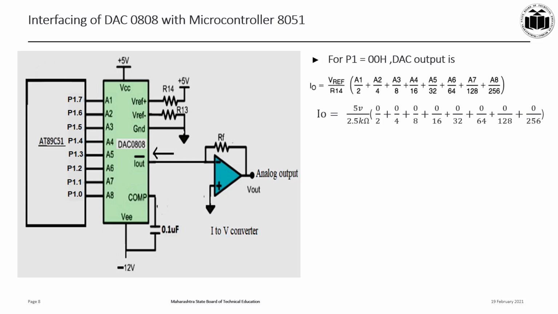We have kept V reference as 5 volt and R reference, which is R14, as 2.5 kilo ohms. And the bracket term is 0, as all the bits A1 to A8 of DAC are 0. So the output current is 0 milliamperes, and the output voltage generated by the DAC is I0 into RF.